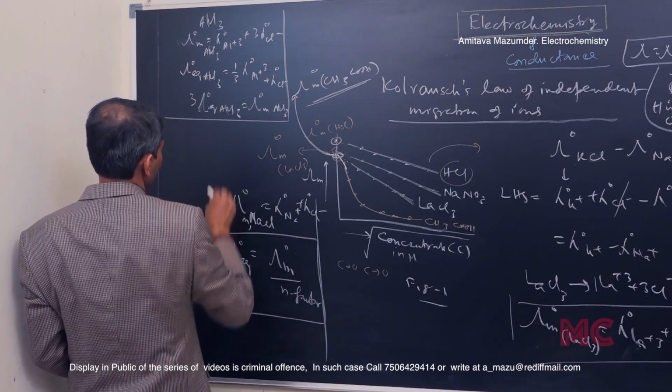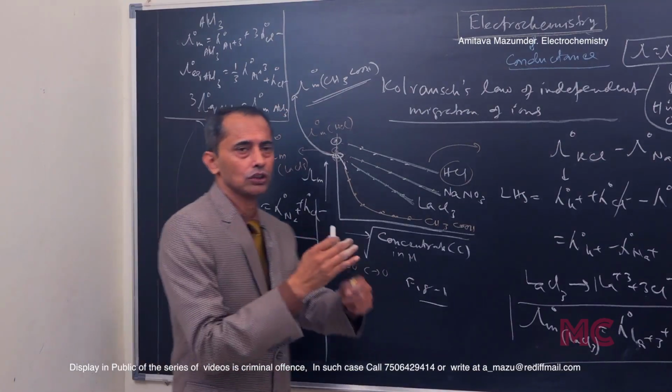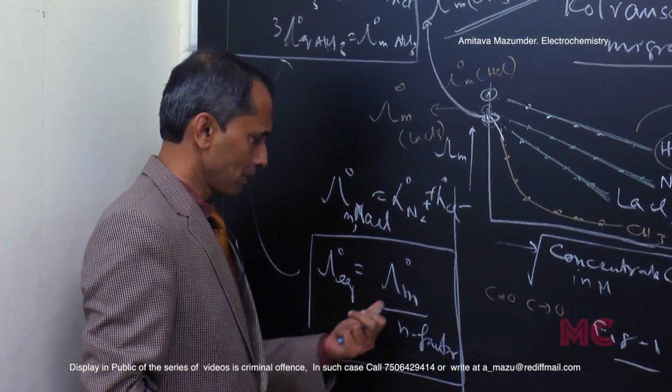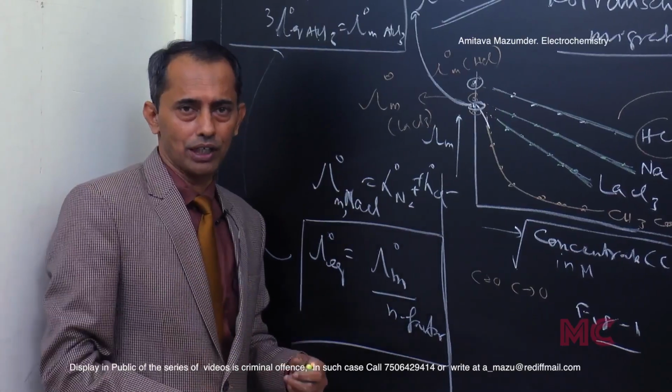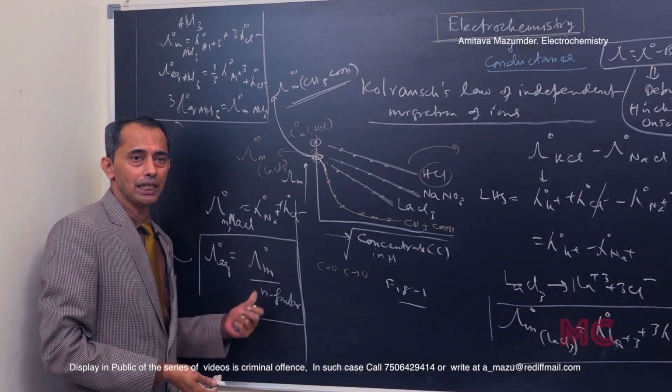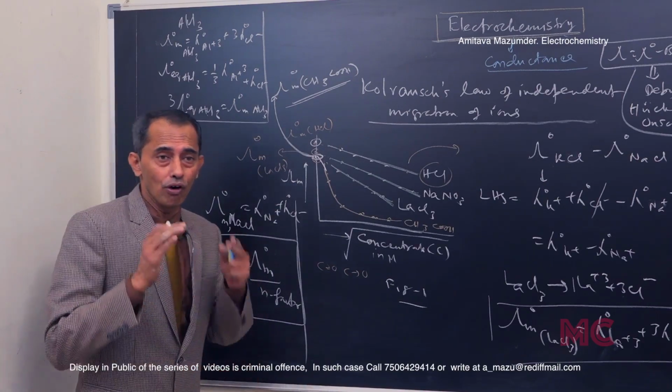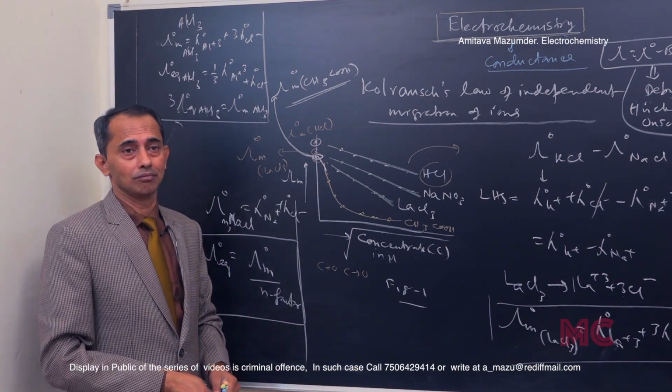So this is very, very important: lambda naught equivalent into n factor is equal to lambda m naught. That is, molar conductance of infinitely dilute solution will be equal to n factor into equivalent conductance of infinitely dilute solution for a strong electrolyte.